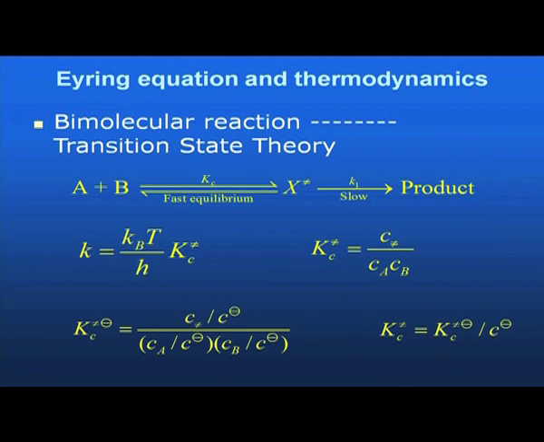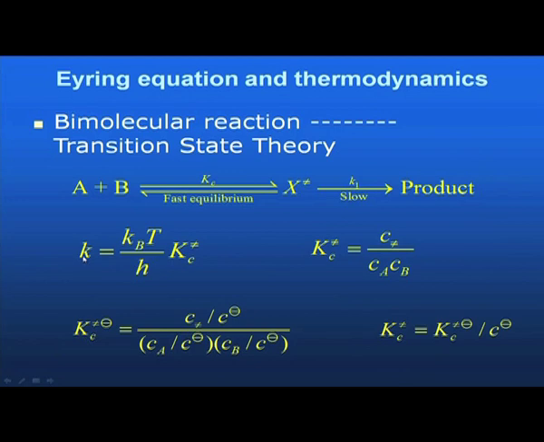The forward equilibrium has the equilibrium constant Kc, and this equilibrium is established very fast. Then X double dagger slowly passes to the product side with a rate constant k1.